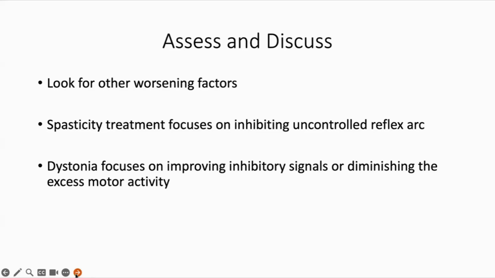And I just put something to review here briefly: in spasticity treatment, we focus on inhibiting the uncontrolled reflex arc, which is the main reason for spasticity, which goes from muscle spindle to spinal cord. And in dystonia, we focus on improving inhibitory signals or decreasing the excess motor activity. Next slide, please.